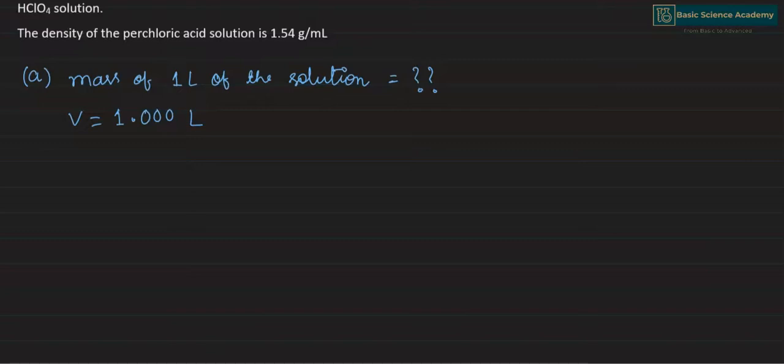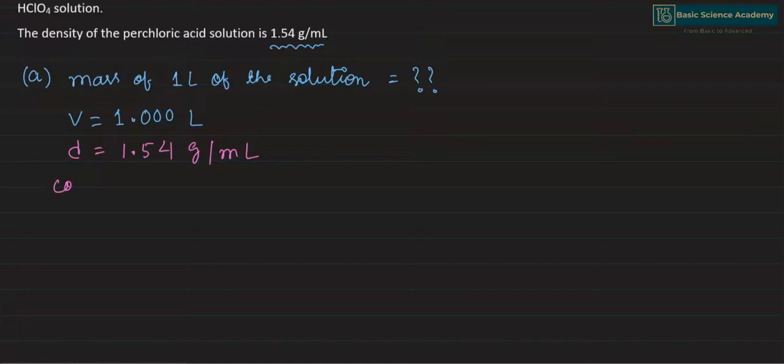Volume and mass are related by the density of the solution. So we will use the density of the solution to find the mass of the solution. Density of the solution is 1.54 gram per ml.